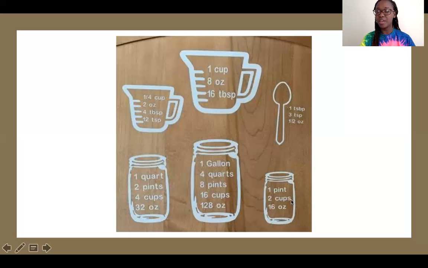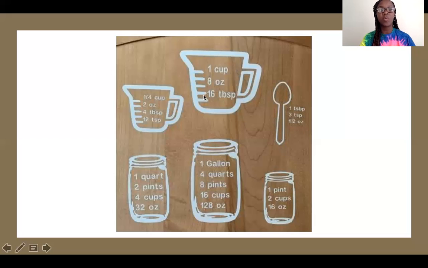And then over here, we have 1 pint, which is the same thing as 2 cups, or 16 ounces. And then over here, we have 1 tablespoon, which is the same thing as 3 teaspoons or 1/2 an ounce.